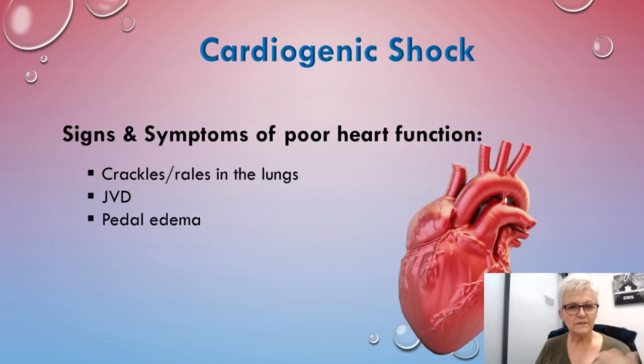Now, if blood backs up into the body because of the inferior vena cava becoming loaded with blood and the pressure going up, we see that water move into the tissues, and then by the function of gravity, it settles in the lower portion of the body, which typically is the ankles, and we see that pedal edema. Okay, so those are three classic signs of heart failure: crackles, JVD, and pedal edema. So if you see those, start thinking heart failure.